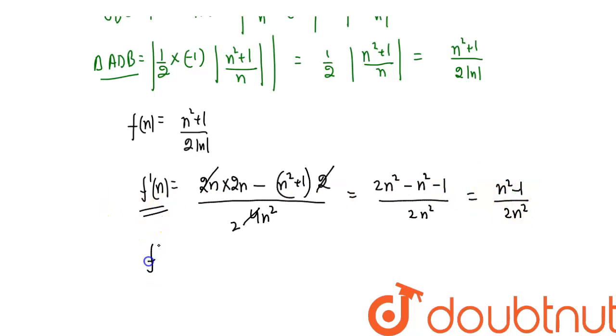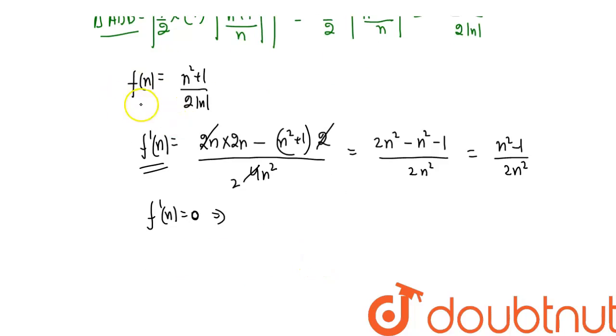Now we put f dash n equal to 0 for finding the critical points, that is, for finding those points for which f of n, the area of the triangle, is maximum. So f dash n is equal to 0, that is (n square minus 1) divided by 2n square is equal to 0. From this we get n square minus 1 is equal to 0, or n square is equal to 1.